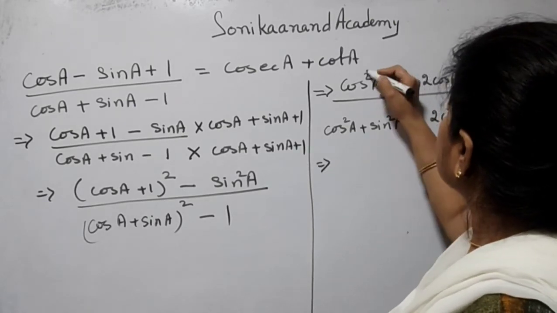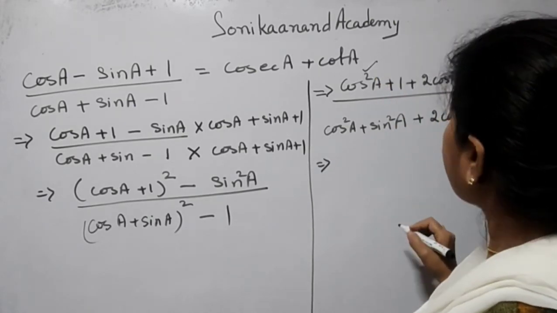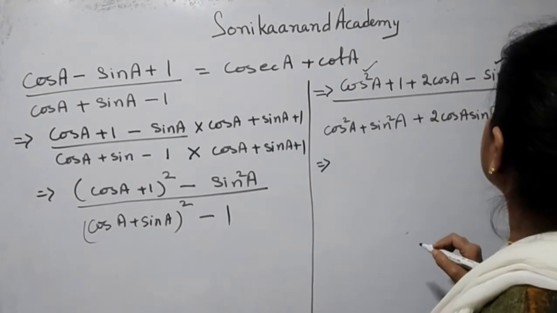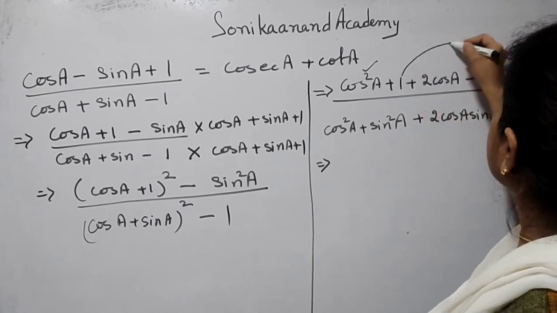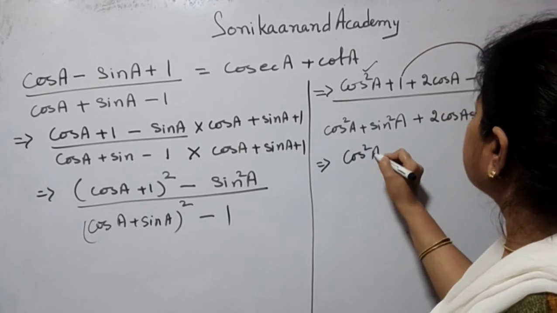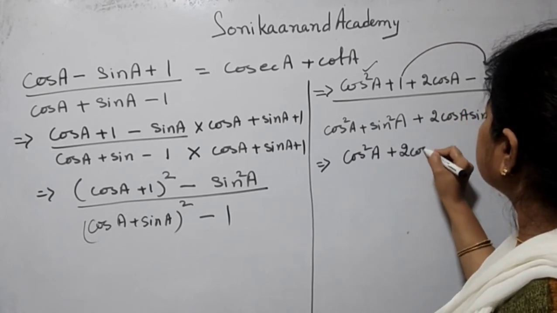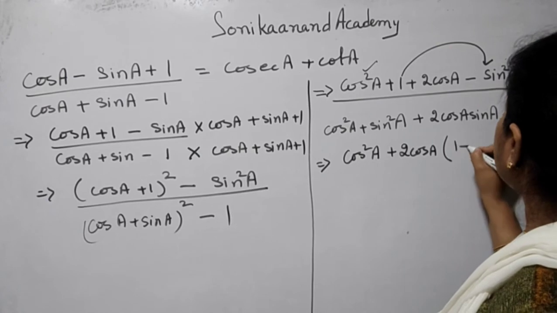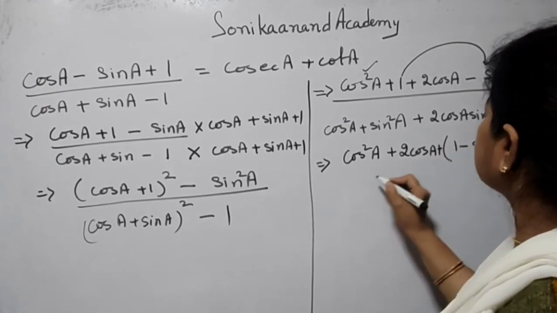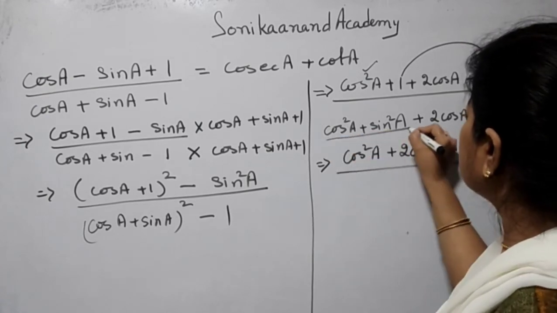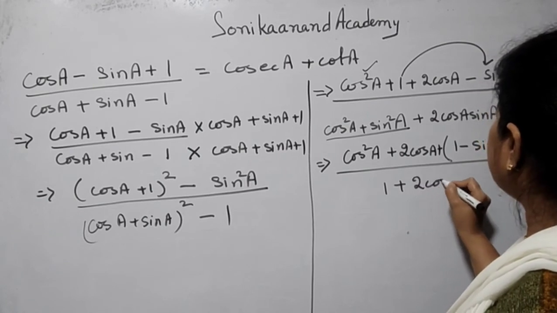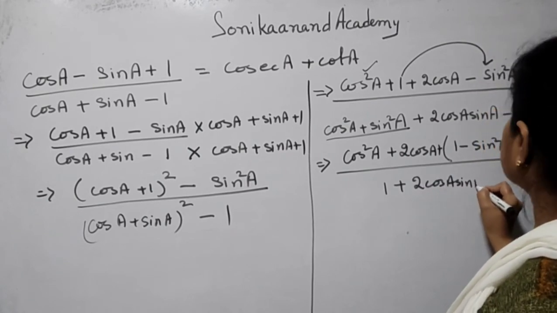Now this and this, you can take this and this. So cos square a plus 2 cos a, and 1 minus sin square a, plus, here we get this is equal to 1, 2 cos a sin a minus 1.